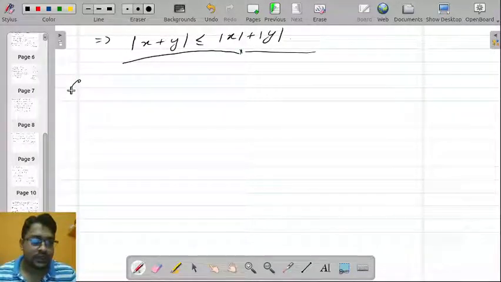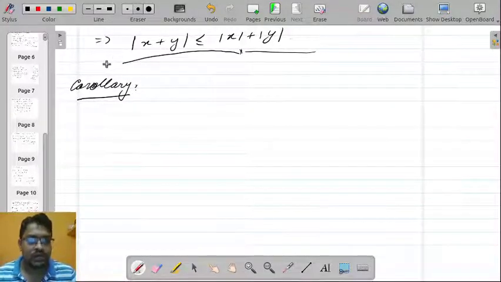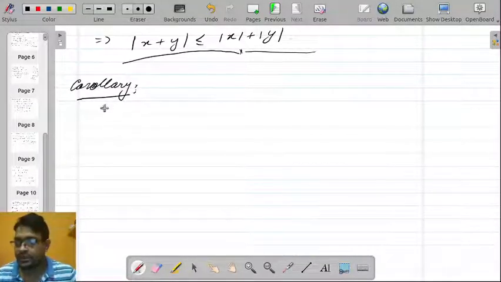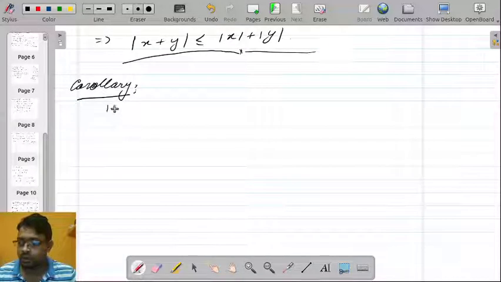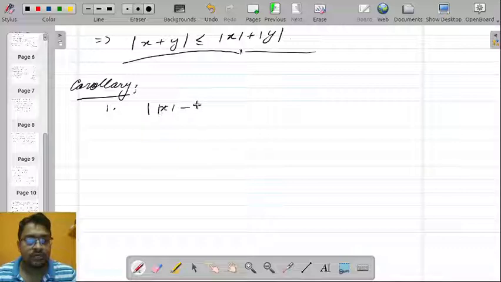Okay, so there are some corollaries for this result. Corollary means a result which follows from another result by some simple steps. So number one is, if we have mod of mod x minus mod y.